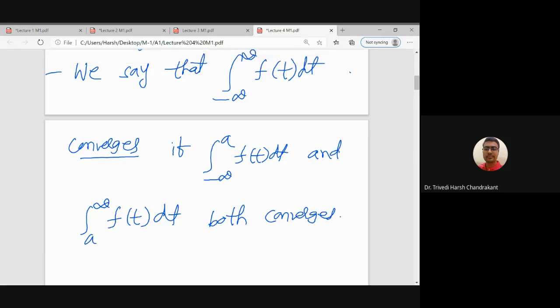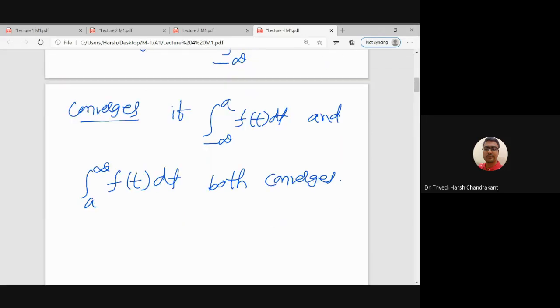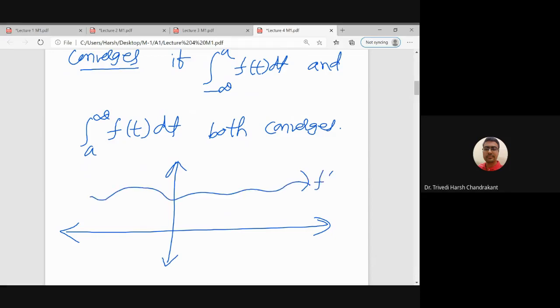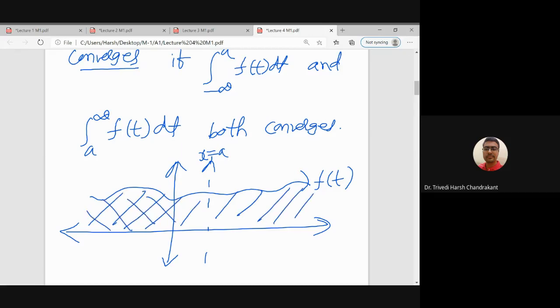So if any of these parts is not convergent, then the area is not finite. So what I have explained is basically that if we have a function f(t) and this is the line x equals a, and we want to see whether the area under f(t) over the whole real line is finite, that means the integral is convergent, if a to infinity is convergent and minus infinity to a is convergent.